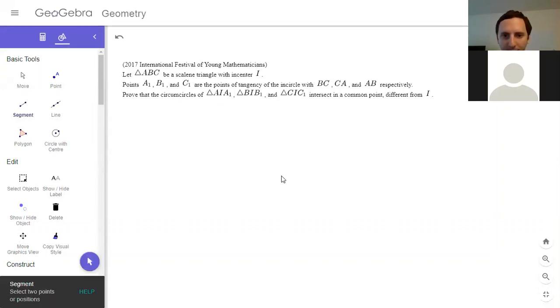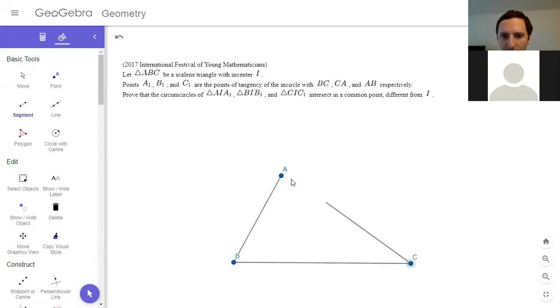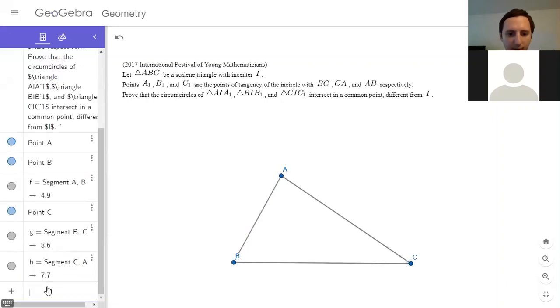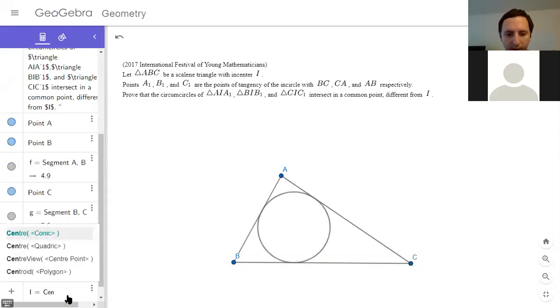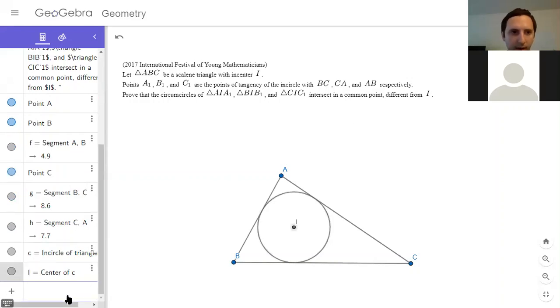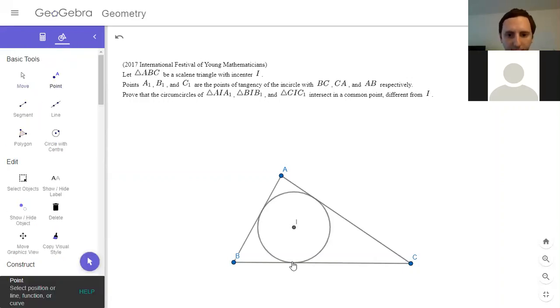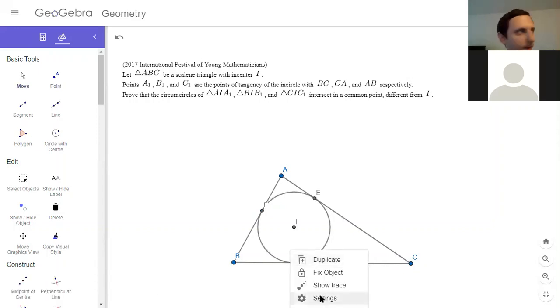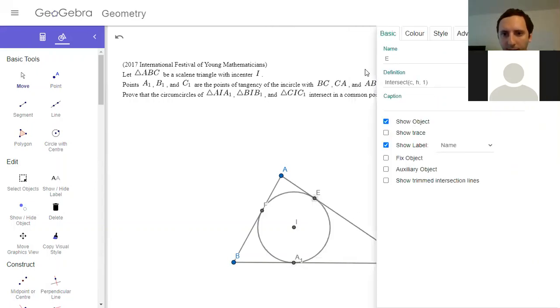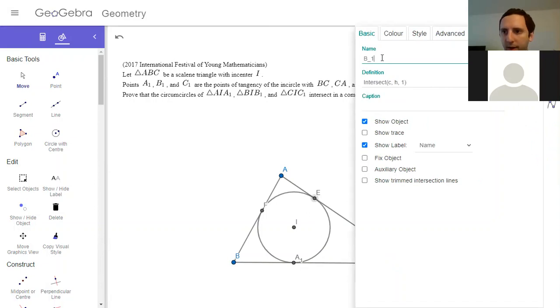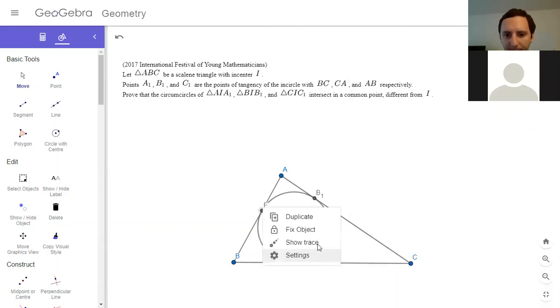So we have a triangle ABC with incenter I, and let A1, B1, and C1 be the points of tangency. Okay, so this is A1, B1, and C1.